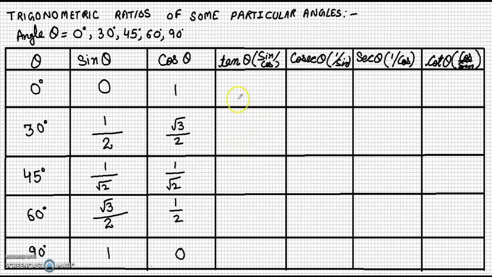As tan theta is sin theta upon cos theta, we have to simply divide the values of sin theta and cos theta. So 0 by 1 is 0, 1 by 2 upon root 3 by 2, 2 gets cancelled with 2 and we get 1 by root 3. For tan 45, 1 by root 2 upon 1 by root 2, so we get only 1.